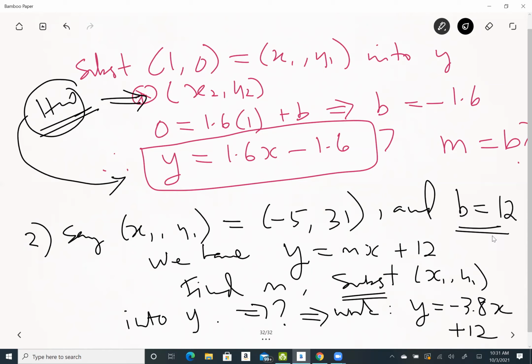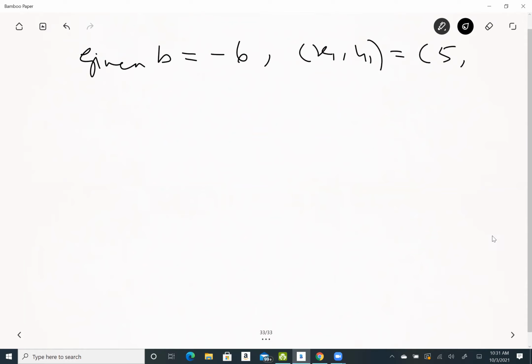Now we can also have a situation where we know the slope and you are given a point. Actually for number 2, you can have the other possibility: you are given b, let's say equal to negative 6, and also a point x1, y1 equal to (5, 7).